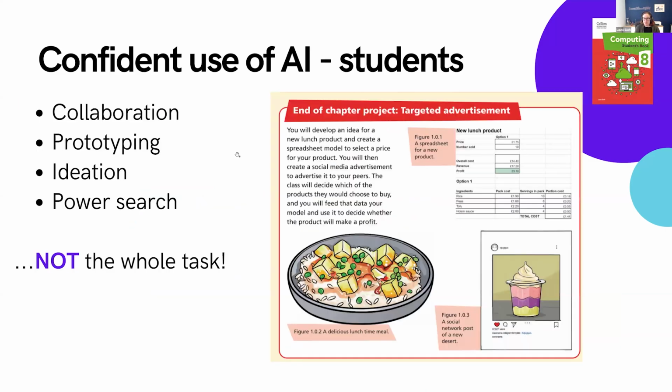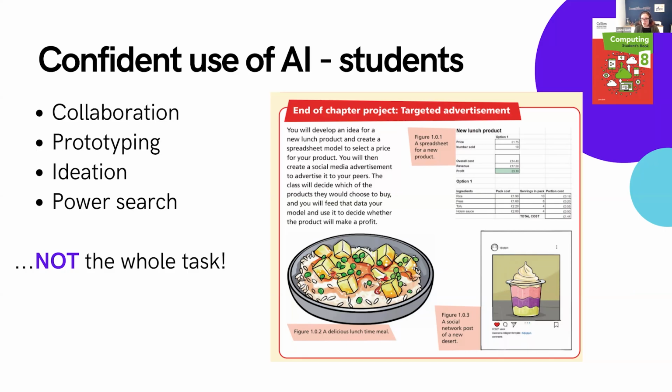So my experience of AI is that it is an incredibly good collaborator. So for the most part, I use it as if it's somebody who I am working with. So collaboration, if I want to know something or if I want to flesh out an idea or prototype something, then I may well go to an AI.